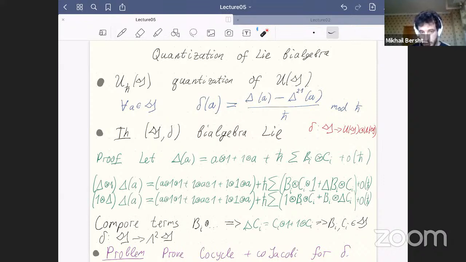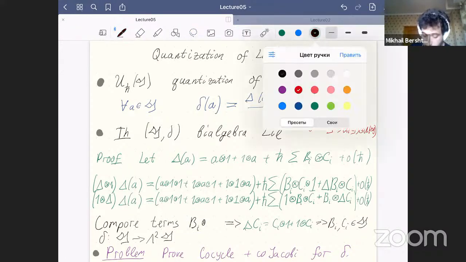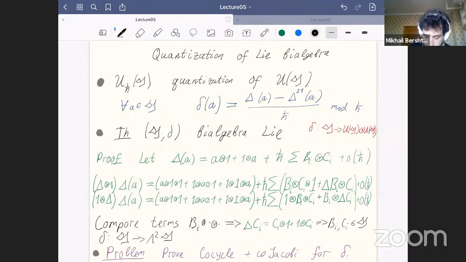Now we compare terms which have the form bi times something tensor something. I wrote here an explicit sum, so I assume that the bi's are linearly independent. We have such a term here, and we have such a term here. And in delta of bi, we have bi tensor 1 plus some terms lower in degree. This delta is the original delta for the Lie algebra.